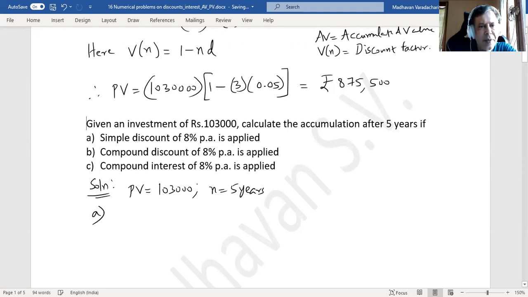Now let us proceed with the first one. Simple discount of 8% is applicable. We are supposed to find accumulated value. Accumulated value is present value times accumulation factor.